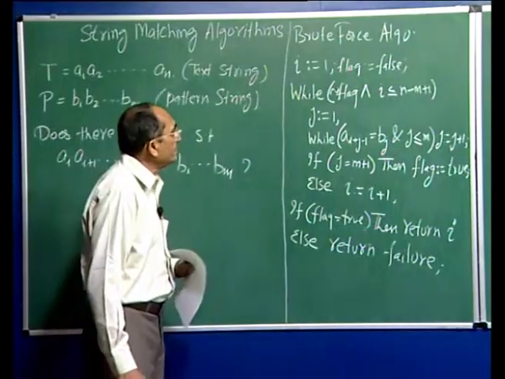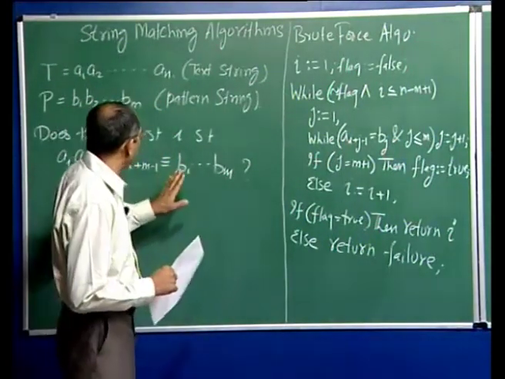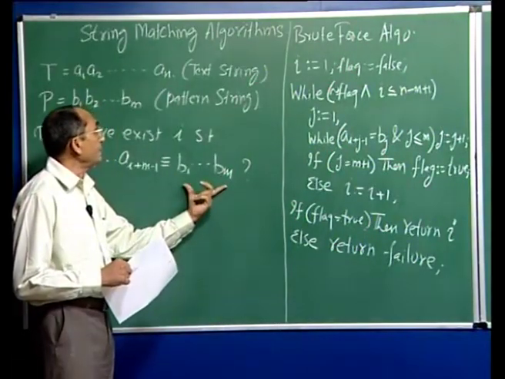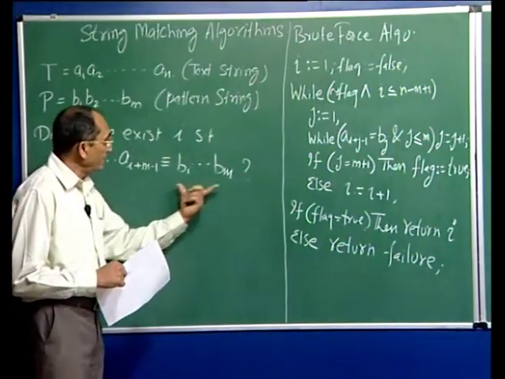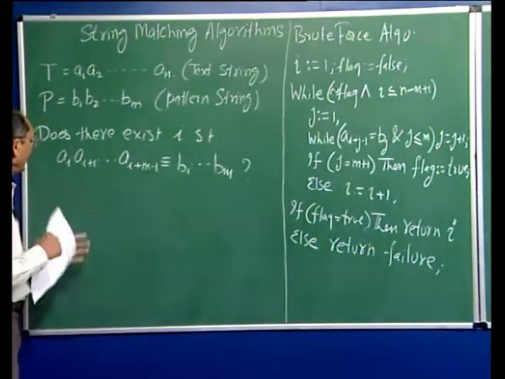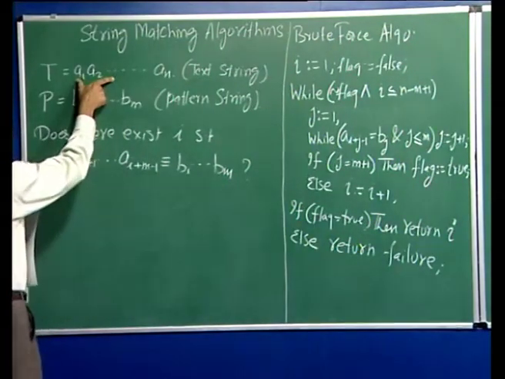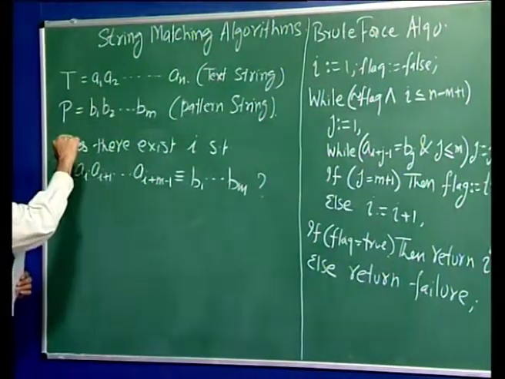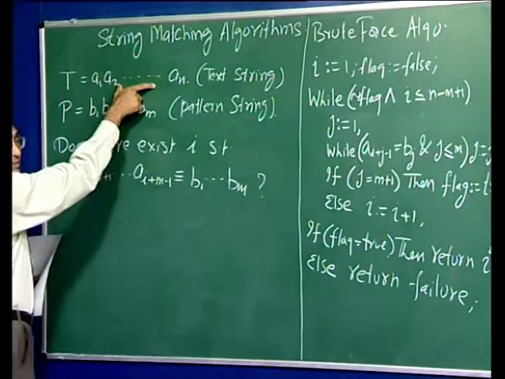This algorithm, in the worst case, suppose there is no such string, there is no place in the text string where we find these symbols together, then we are going to match these m symbols here starting from position 1. That will account for order m work, then again we will match m symbols, and again we will match m symbols.